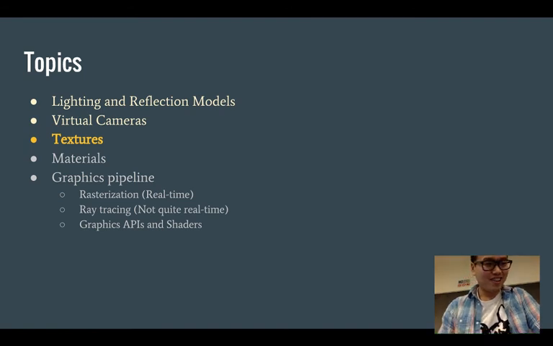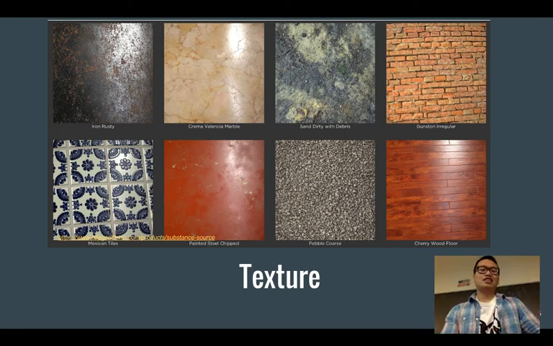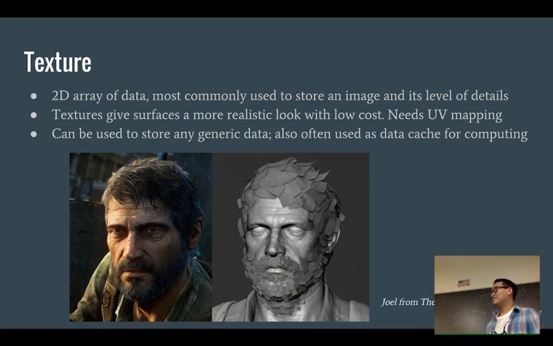So moving on to textures. These are some samples of textures. Basically, what is a texture? It's just a 2D array of data, usually containing an image. That's the most typical use of it. It can also contain multiple images, layouts, and stuff like that.